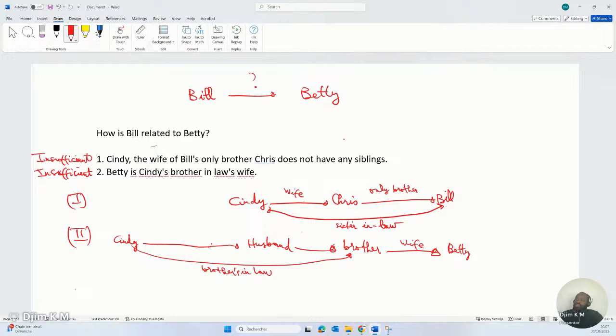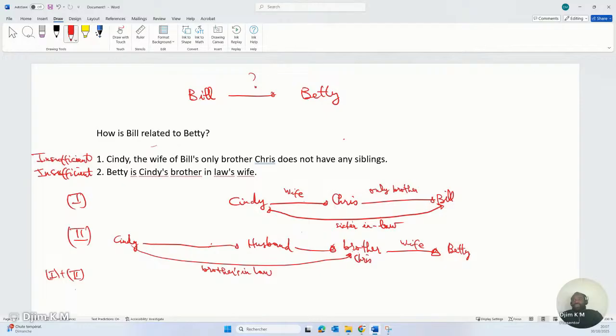But okay, if we combine the two, let's say we know from the first condition Cindy, the wife of Bill's only brother, Chris. So Chris is this brother. His wife is Betty.